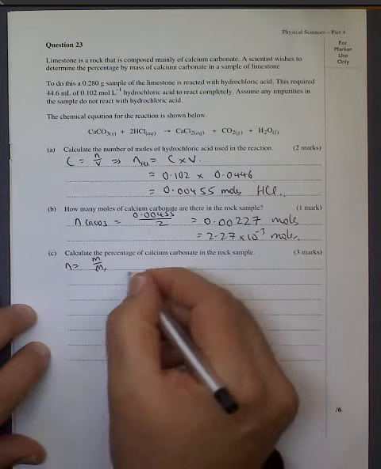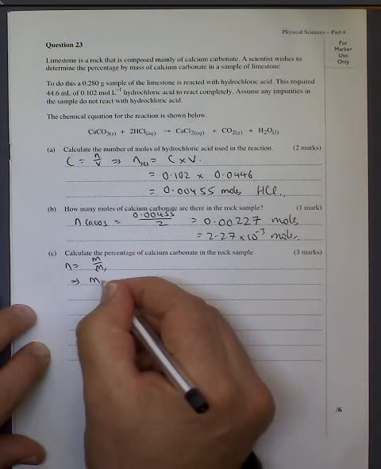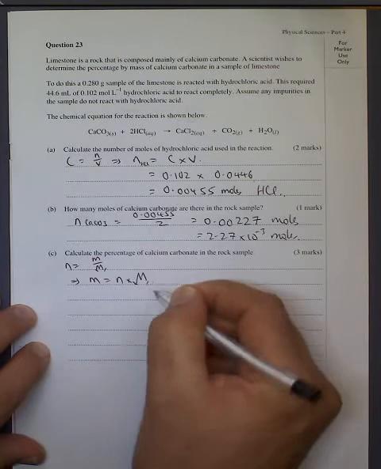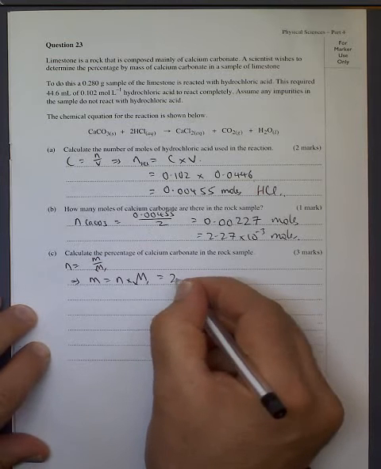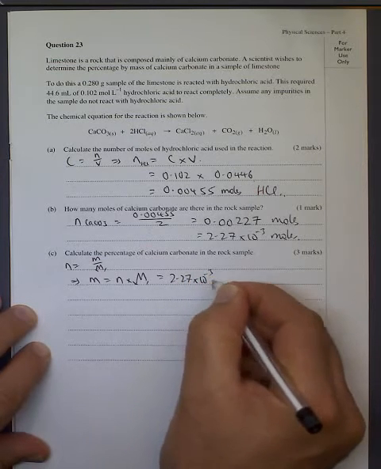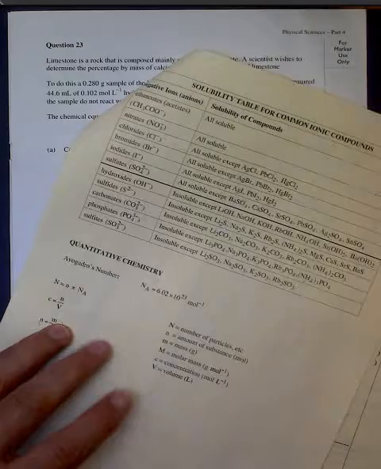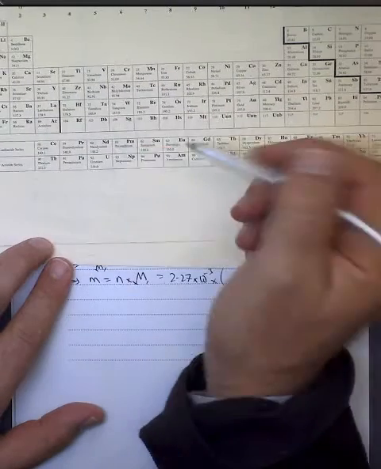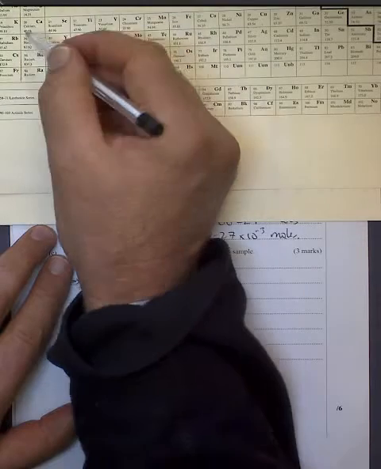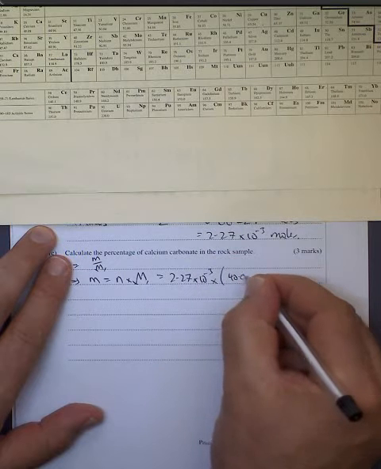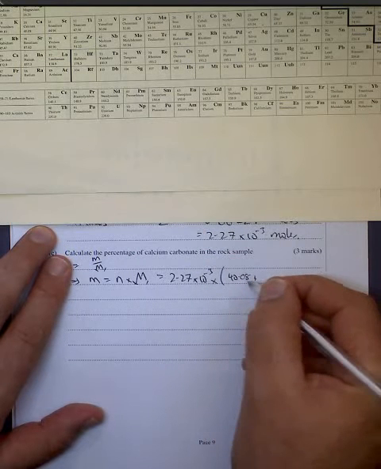So therefore, the mass equals n times M, which equals 2.27 times 10 to the minus 3 multiplied by, let me have a look here at my information sheet, the molecular mass of calcium carbonate. Well, calcium is 40.08. What is calcium carbonate?